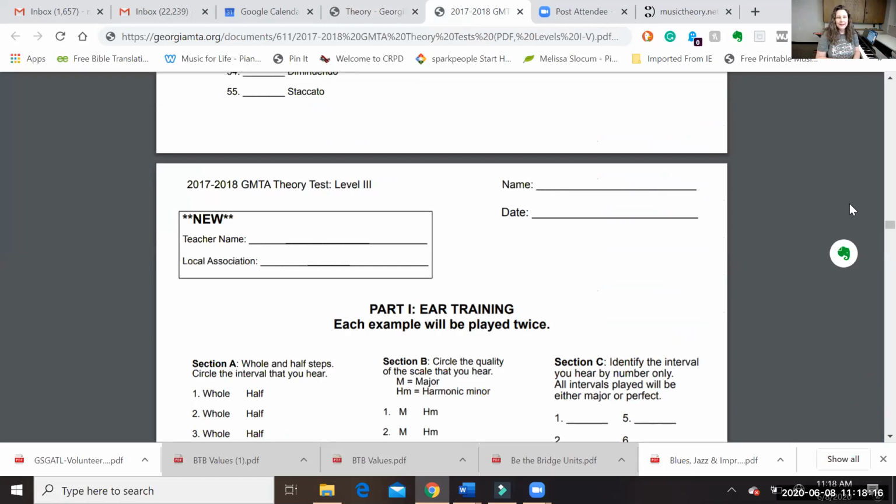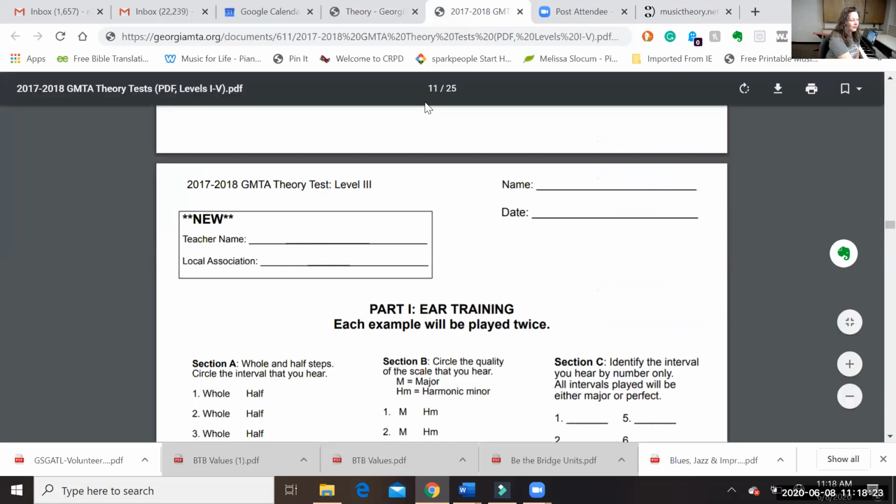You only want level 3 for this video, so you're going to scroll all the way to page 11 is where we're starting, and then up at the top it will say 2017-2018 GMTA theory test level 3. So that comes up not till about page 11.